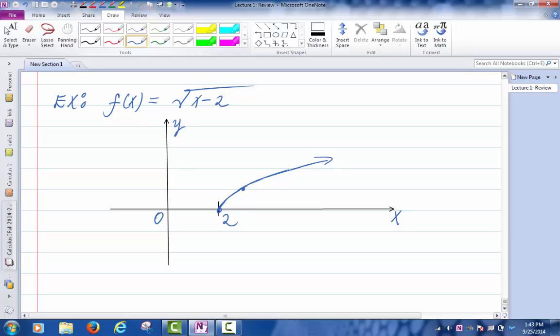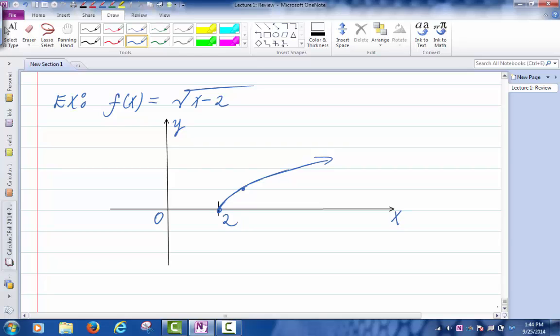What's the value of the function at 2? 0, so it's defined at 2. What's the limit of the function at 2? Here's the problem though. When we say the limit at 2, it has to be the two-sided limit. However, it doesn't make sense to even look at the behavior of the function from the left because it's totally undefined on the left side of 2. So in this case, this function is not continuous at 2.